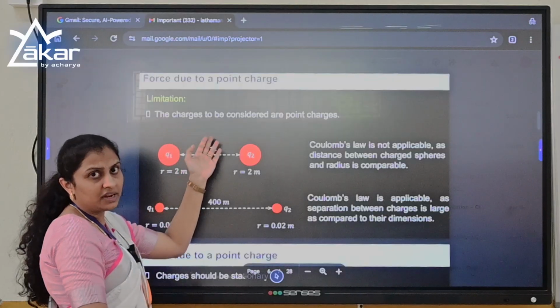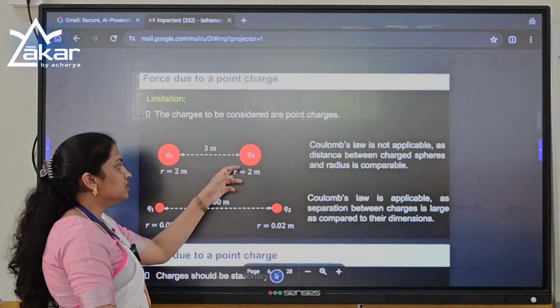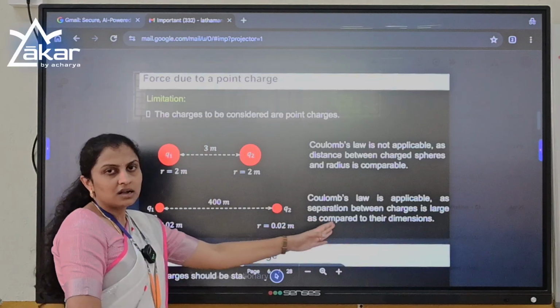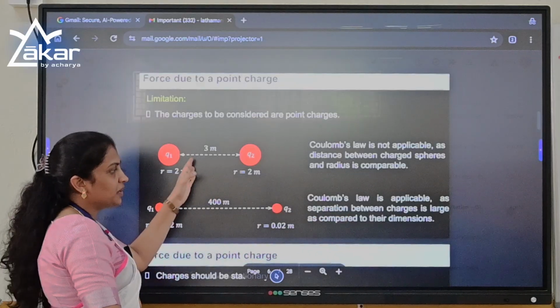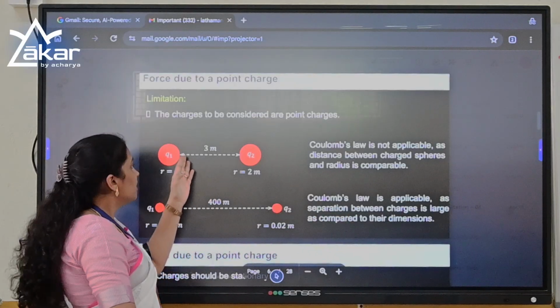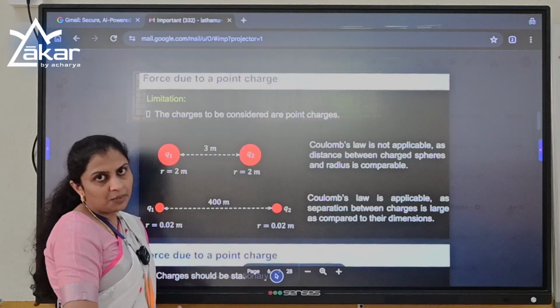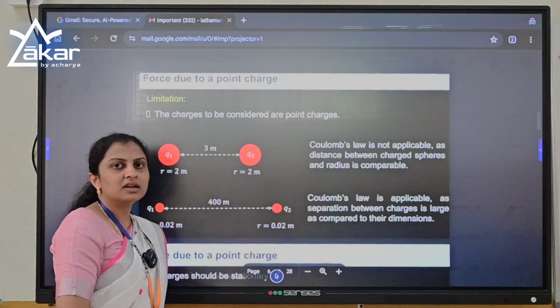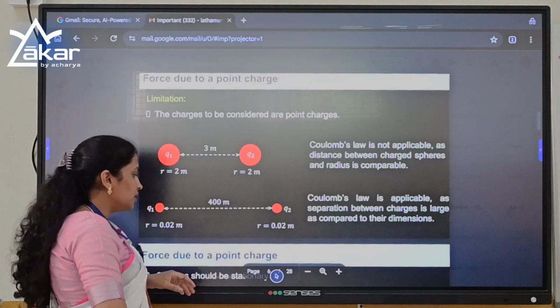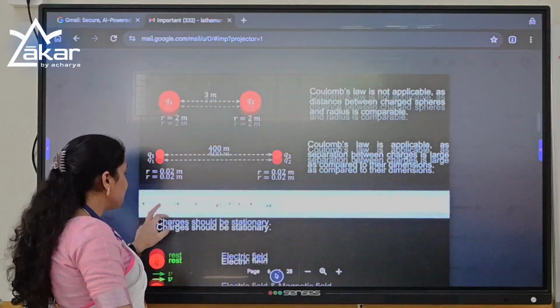So this is one of the limitations of Coulomb's law. The distance should always be large compared to their dimensions. Here 3 meter is not applicable, but 400 meter is applicable. So these are the limitations of Coulomb's law.